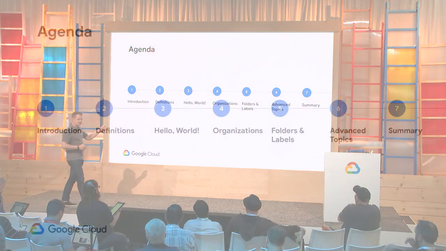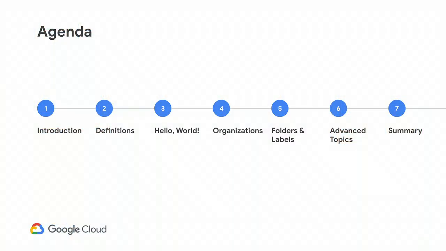So we'll introduce the concepts we're talking about, a couple of definitions. We'll dive into a hello world. I think no cloud presentation would be right without a little hello world for the developers in the audience. We'll talk about organizations in GCP, a method for structuring your resources.